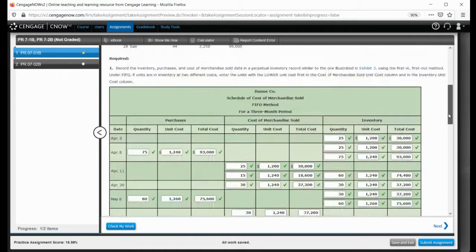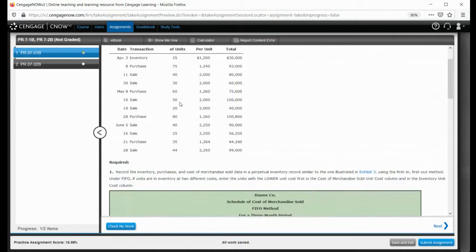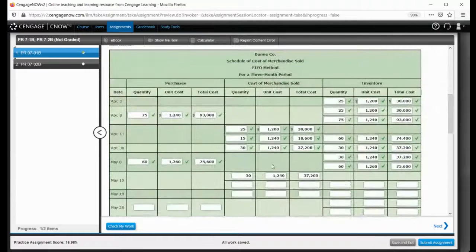We actually sold 50 units according to the May 10th transaction. So we've got to account for the remaining 20 units, and those 20 units are going to come from the 60 units that we have available in ending inventory at a cost of $12.60.